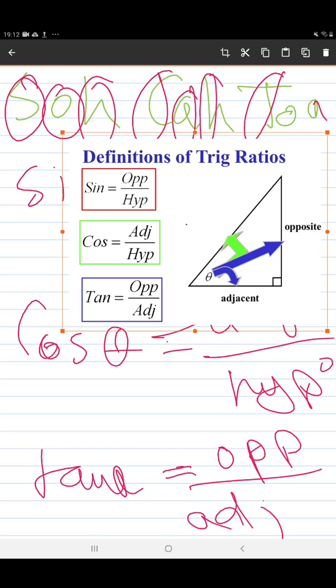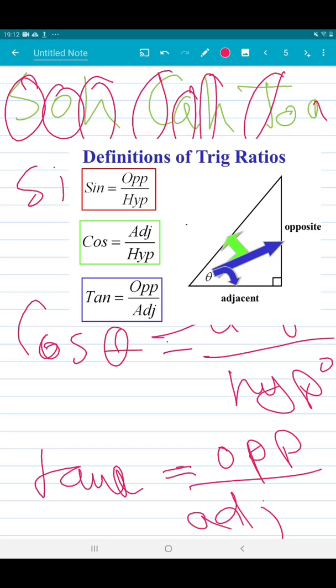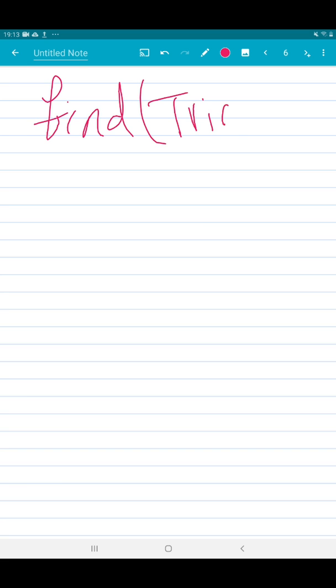A new page. For example, find the values of the trigonometric ratios.